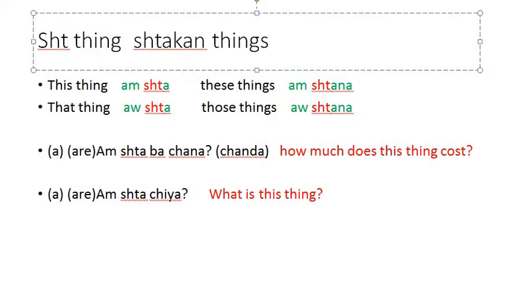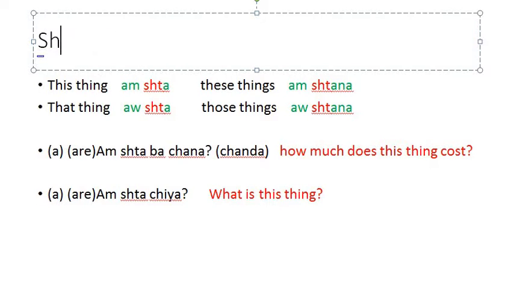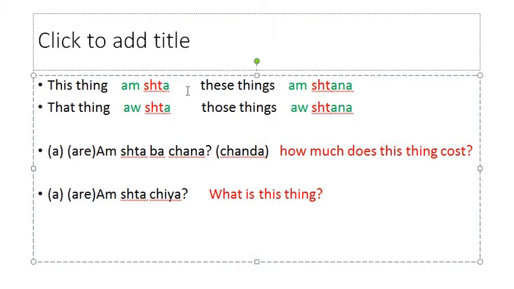It's really close to the word shit in English. It's pronounced exactly the same, but in Kurdish it means thing. If I say this thing, I would say shta. Shta means this thing.